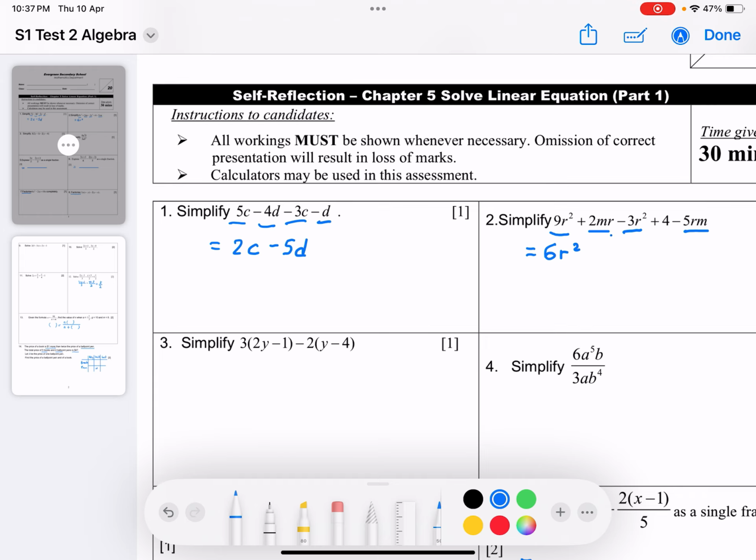These are like terms because we have the same alphabets, m and r. The order is not important. So 2 minus 5 is minus 3, and we can just put it as mr or rm. Then finally, we have a 4.